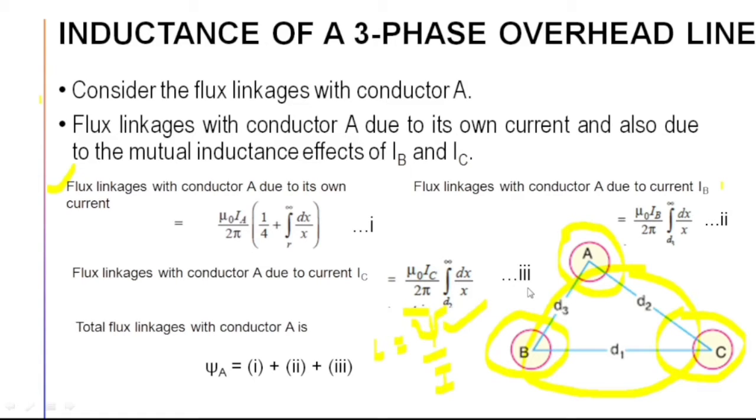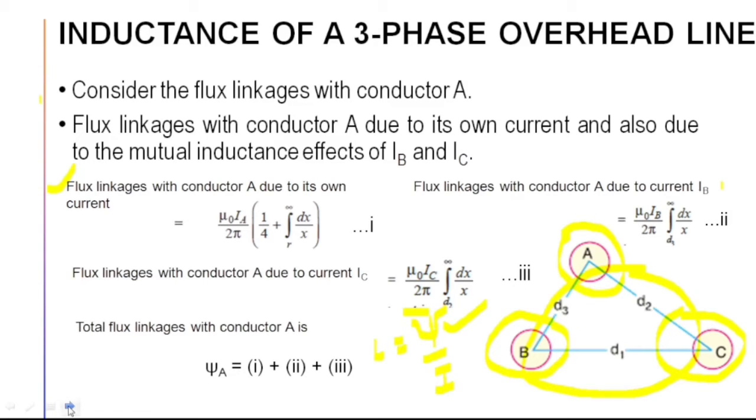Let it be equation number 3. And the total flux linkages with conductor A, denoted psi A, is equal to expression 1 plus 2 plus expression 3.